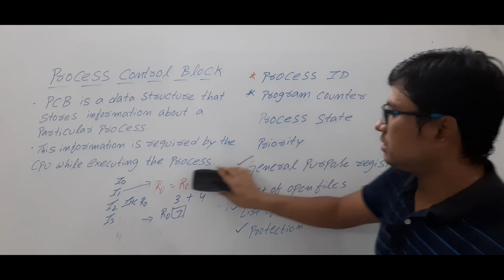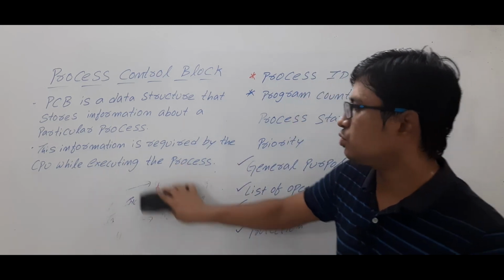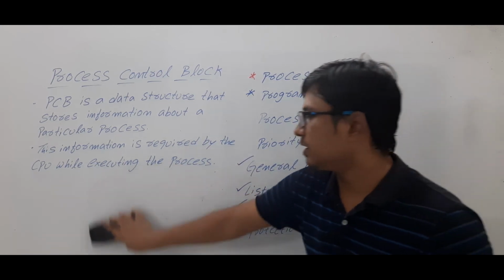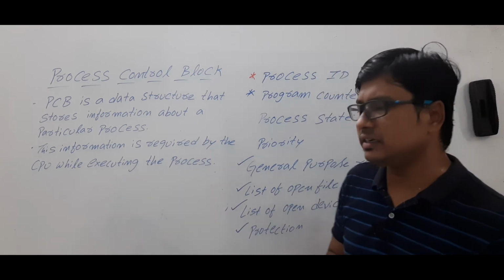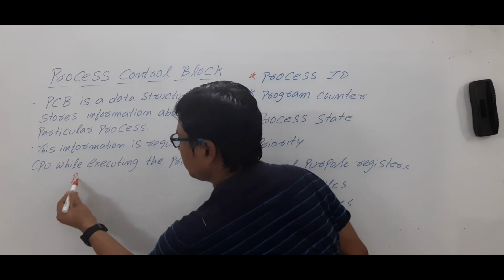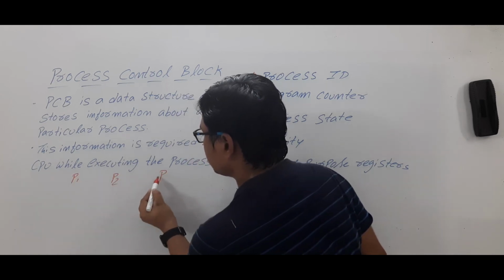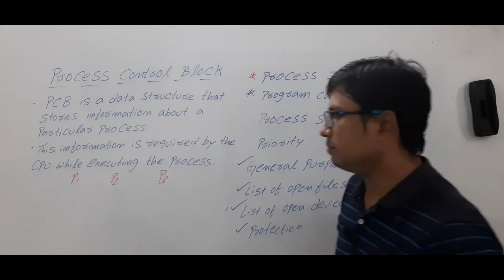And I already discussed that each process has its own PCB, which is the process control block. Now let's take that currently process P1, process P2, process P3 are available in the main memory.